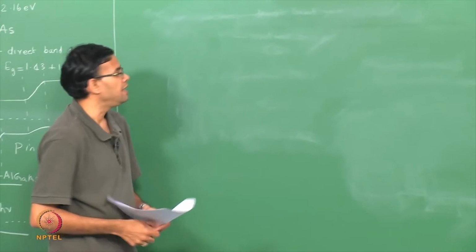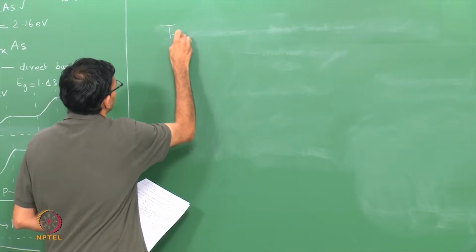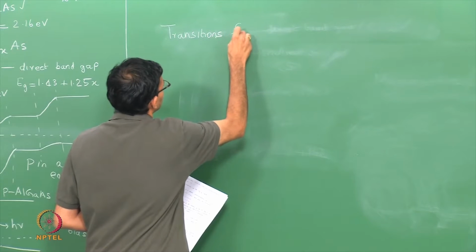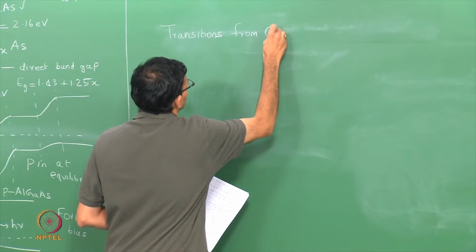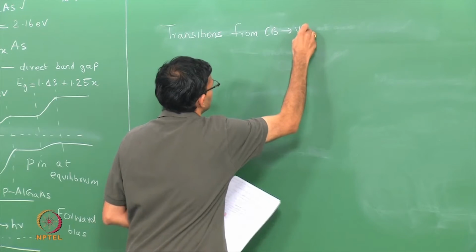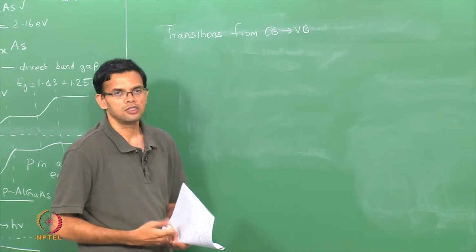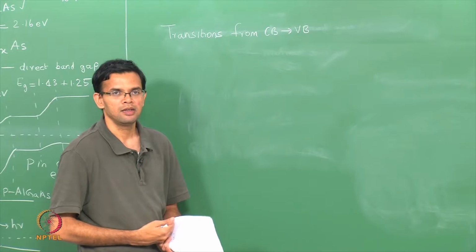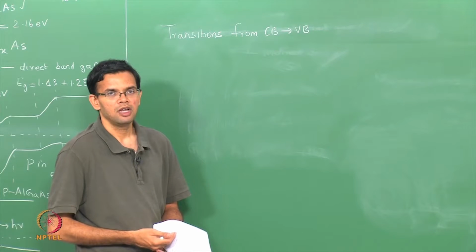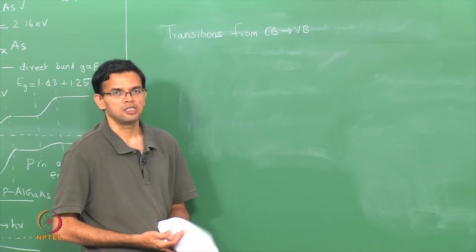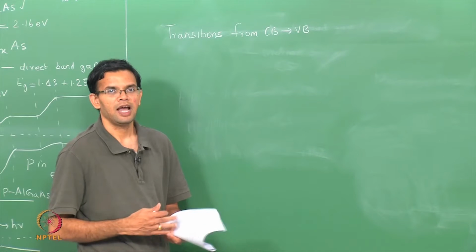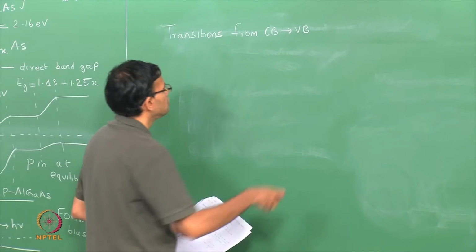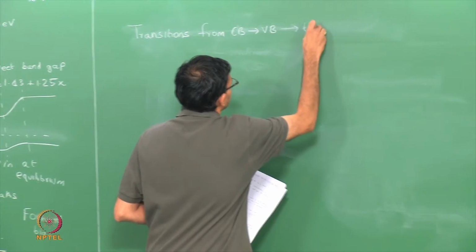In the case of an LED, transitions occur from the conduction band to the valence band. Now, most of the electrons and the holes are located at the edges of the conduction band and the valence band, but at any given temperature there will always be some thermal excitation, which means that we will always have some broadening of the peak of the radiation that comes out.